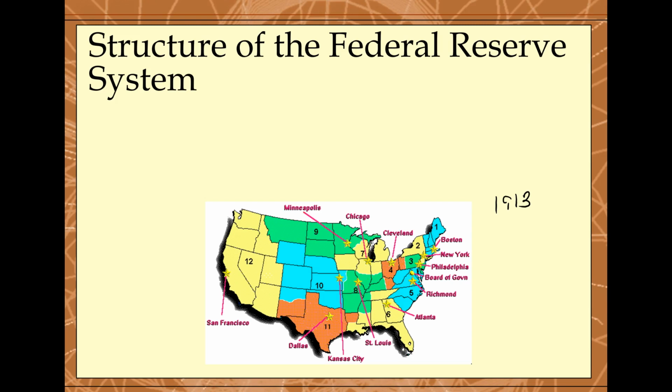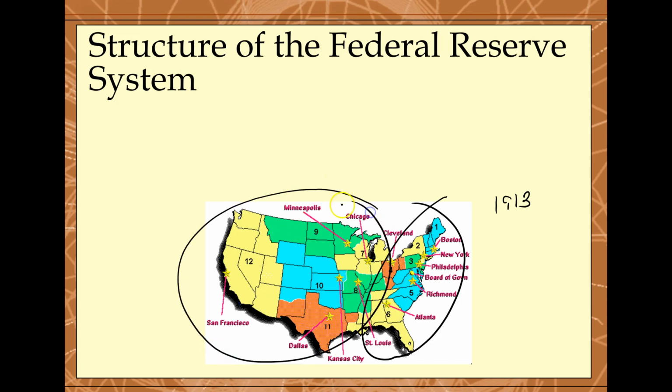So you can see the East Coast of the United States has 6 districts. The rest of the United States has only 6 in total. So this is the vast majority of the geography.